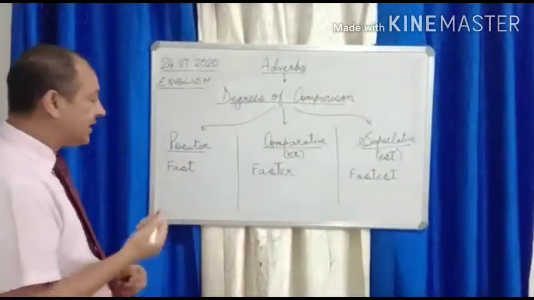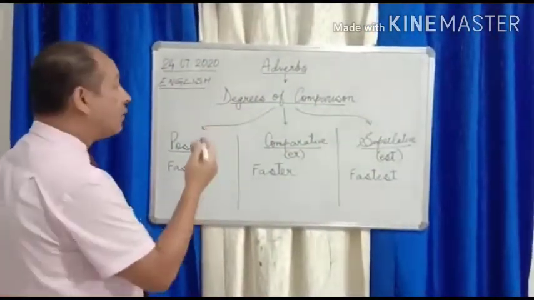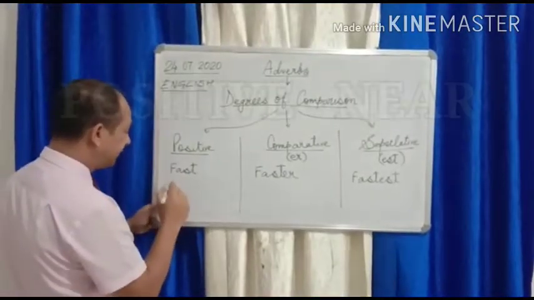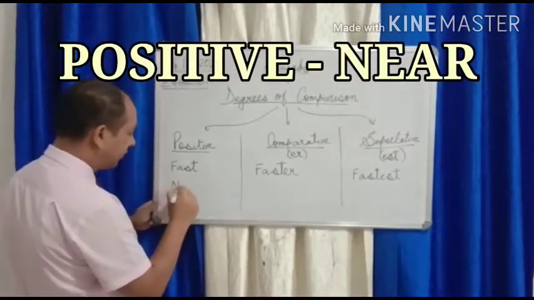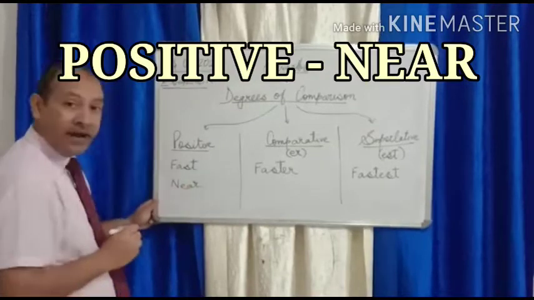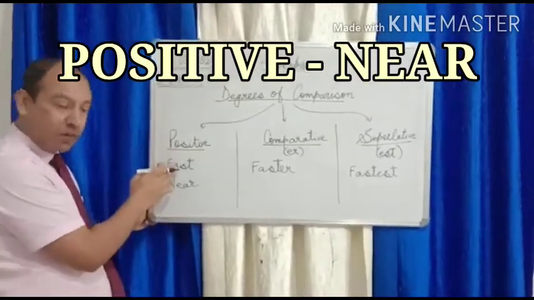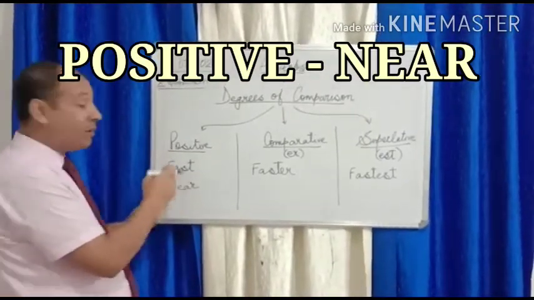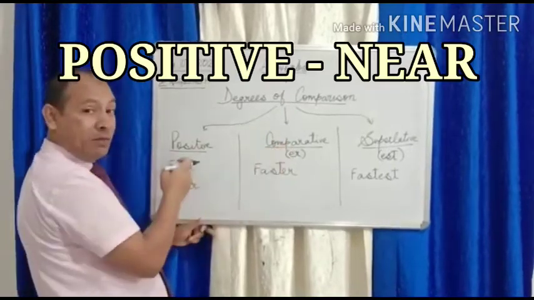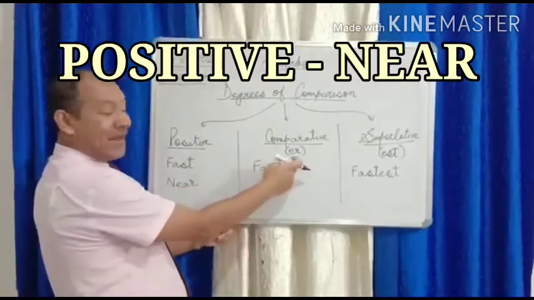Another example, let's say taking an adverb, near. Near is the basic, which is the positive form of the adverb. So to make the comparative of the positive, near, we have to add er.